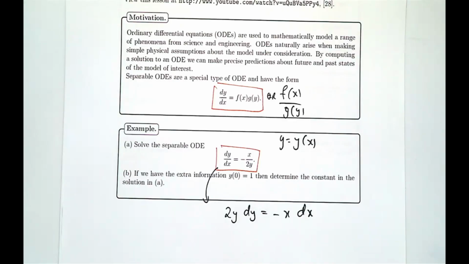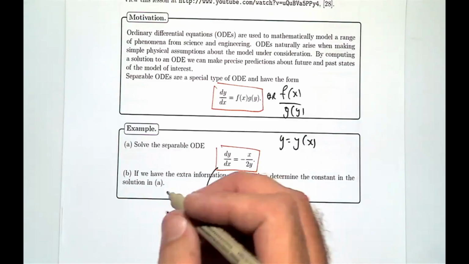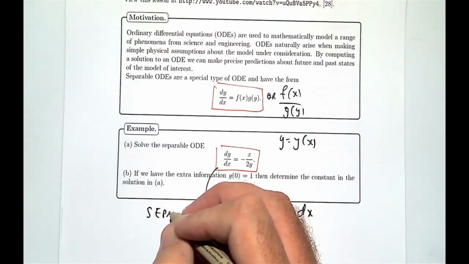So it's not quite clear what's going on here, but would you agree I've separated the variables? There's y's on one side, there's x's on the other, and now if I integrate it, suddenly it gives a bit more meaning. So it's a two-step process.